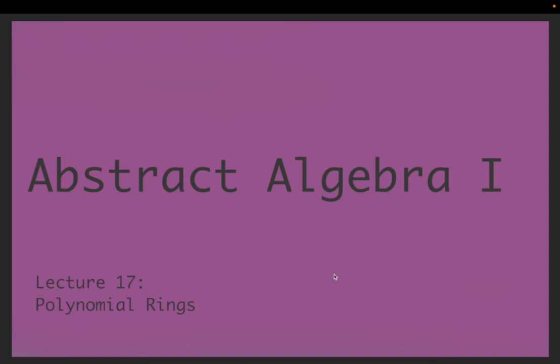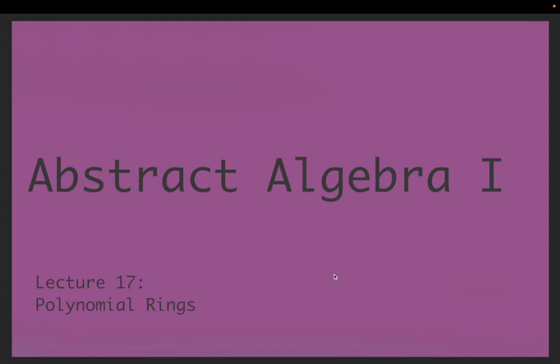This will be lecture 17 of this course, and in this section we're going to discuss polynomials, specifically polynomials from the context of rings, polynomials that happen to be rings. They're obviously a mathematical concept that we're all very familiar with. If you're seriously taking this course, you've encountered polynomials many times.